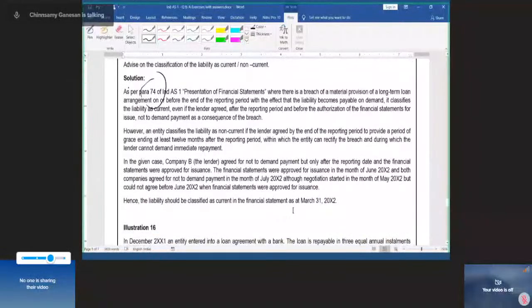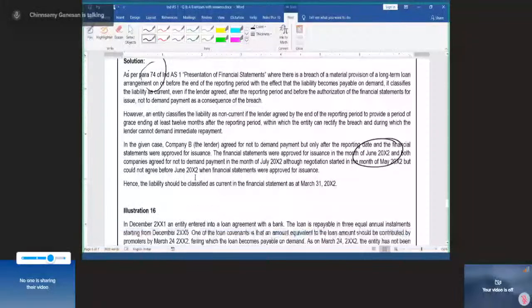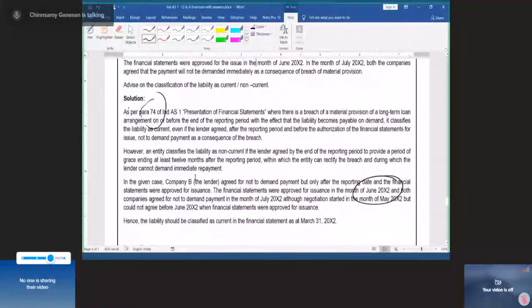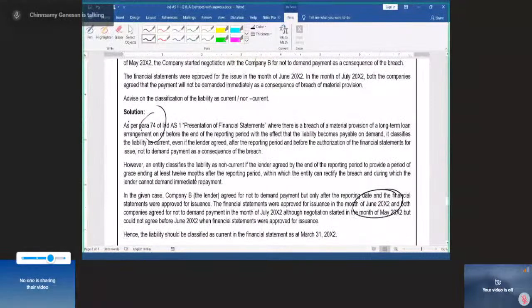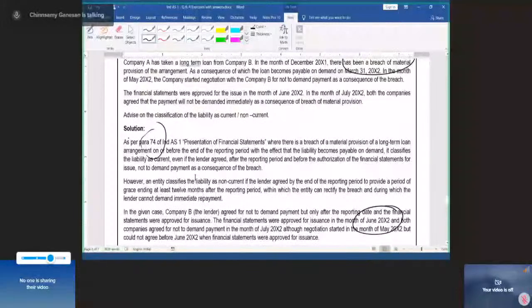if the financial statements are approved in June 2002, what would be the situation? This is an event occurring after the balance sheet date. Based on the event occurring after the balance sheet date, can I reclassify? In this situation, the liability will be treated as a current liability because whatever has happened is only in June 2002.